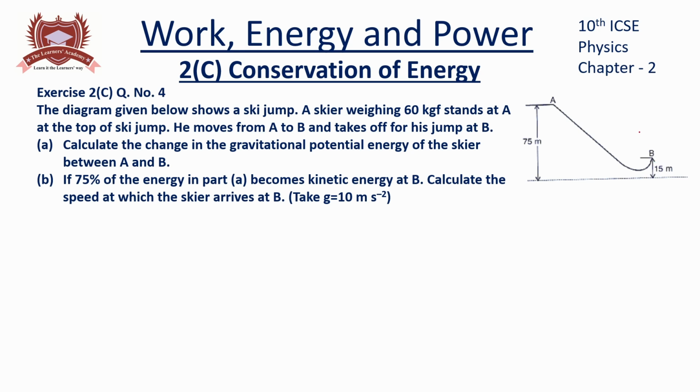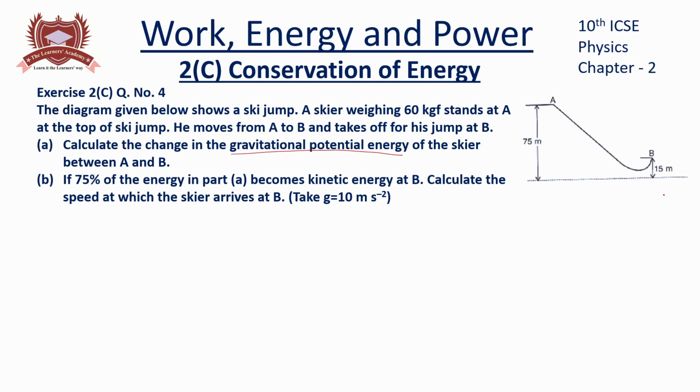The skier weighing 60 kilogram force stands at point A at the top of the ski jump. He moves from point A to B and takes off for his jump at B. Now, we have to calculate the change in gravitational potential energy of the skier between point A and point B. Point A is at 75 meters height, point B is at 50 meters height.